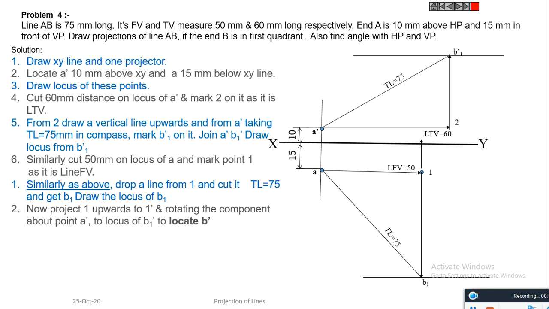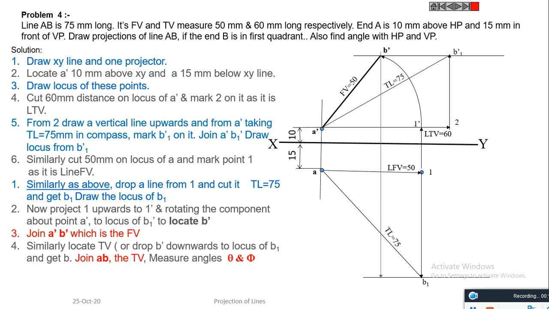Now project 1 upwards to get 1 dash. Rotating the component about point A dash, we get B1 dash. Join A dash B dash, which is the required front view.